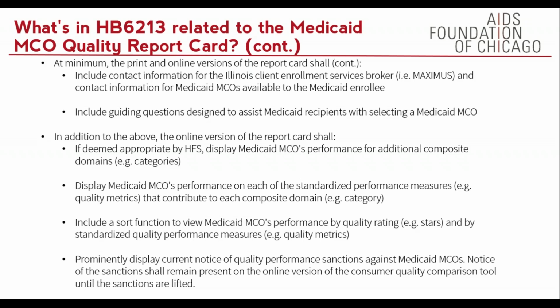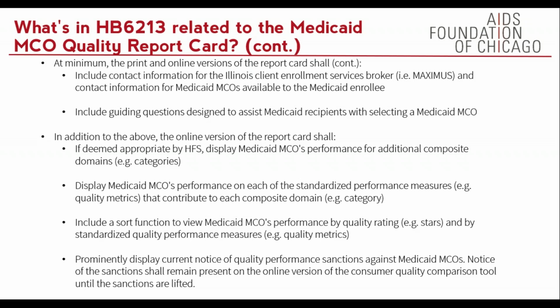A third piece that the online version should have, although if you look right now, it's not fully actualized in what's available on the HFS website yet. We're hopeful that it will be for the next iteration of this report card. Is a sort function.